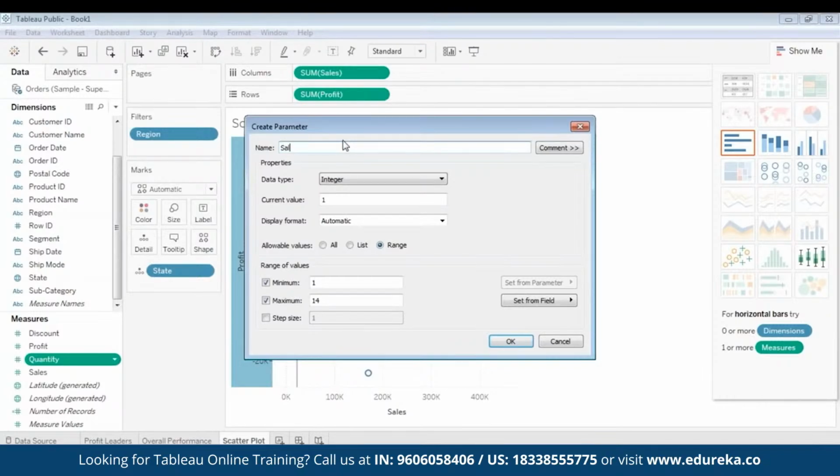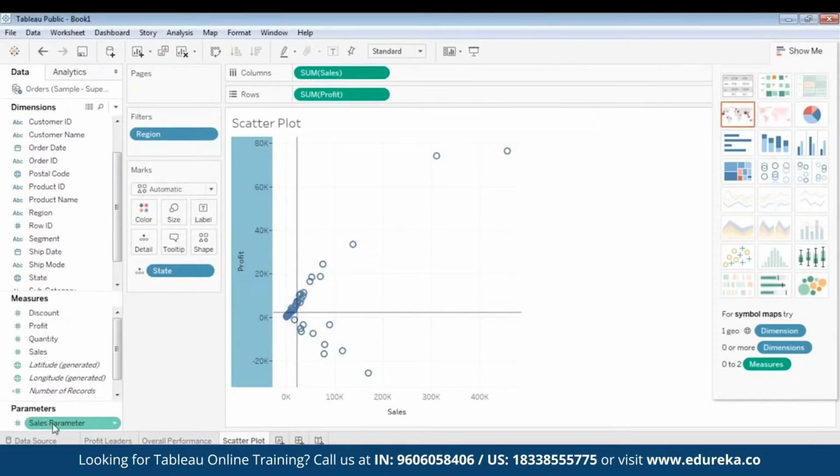Let me give it as sales parameter. I will select it as float and I will give it as 22,205, the median. The median which we found for sales, I will give it as sales parameter over here, and click on OK.